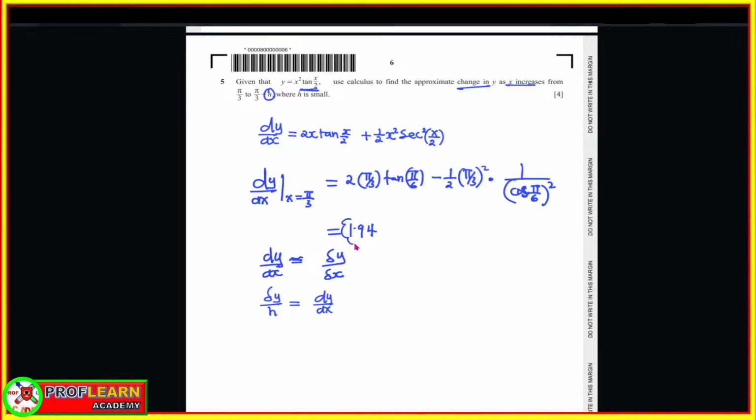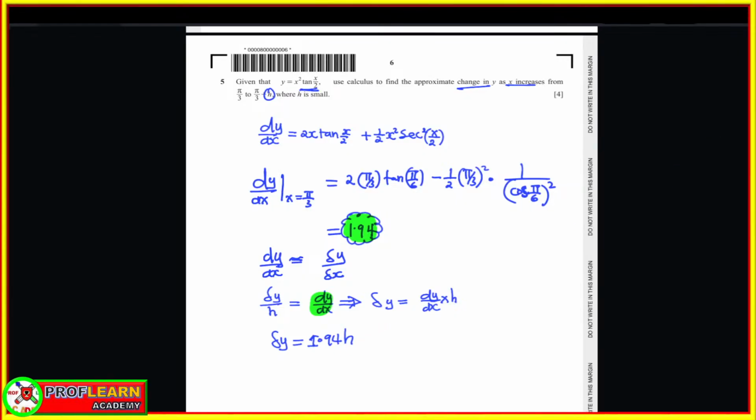But our dy/dx is the value that we have gotten at this particular point. So where we have dy/dx, we're going to replace it with this part, and then we can now say the small increment in y is equal to 1.94h, because if you multiply this, the small increment in y is basically dy over dx times h, all times small increment in x.